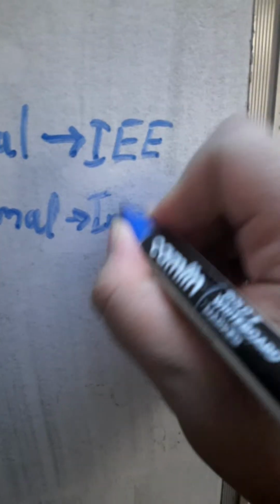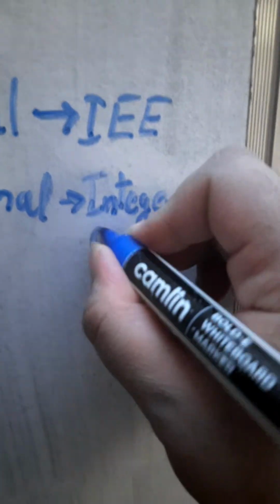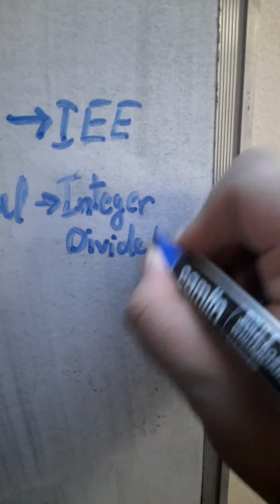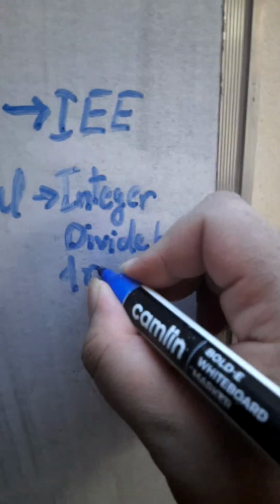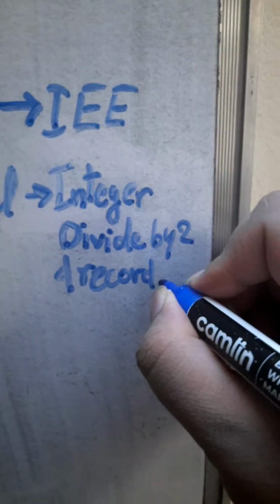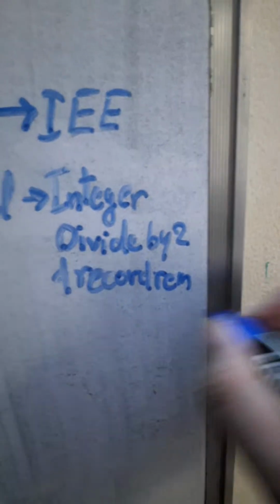Integer divide by 2 and record remainders, I would write it as rem.